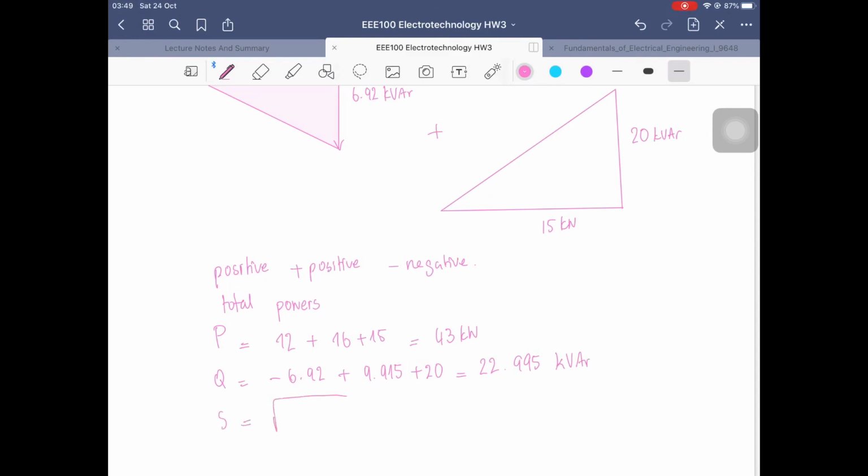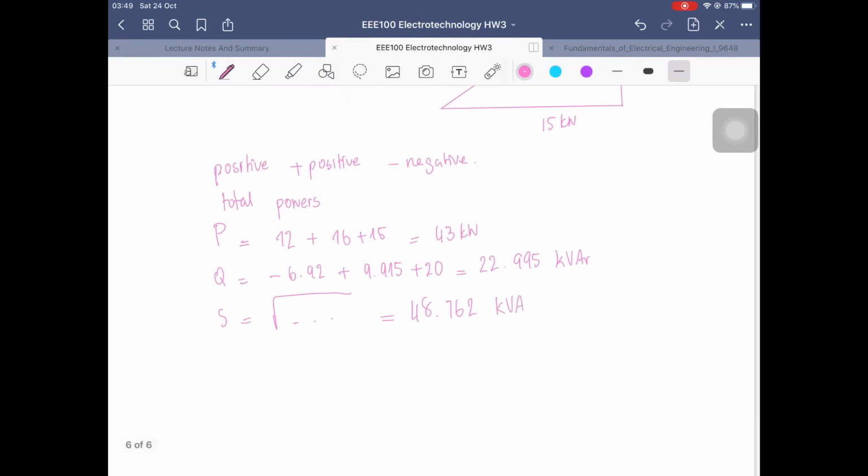And then finally, the S is from the square root of P squared plus Q squared. Allow me some time to do the calculation. I'm not really that good with the calculator, so I need some time.